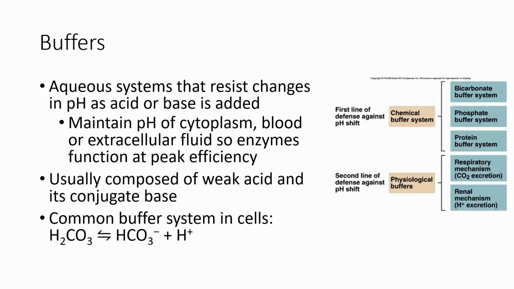So, reversible reactions are also very helpful with something called buffers. Buffers are chemicals that can either absorb hydrogen ions or release hydrogen ions, or the opposite, they can absorb hydroxide ions and release hydroxide ions. It's usually a weak acid and the base that it's called a conjugate base.